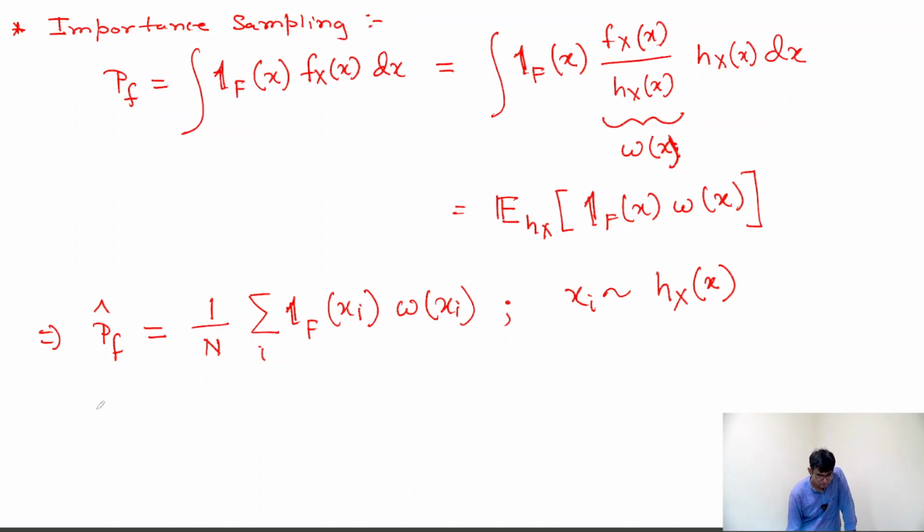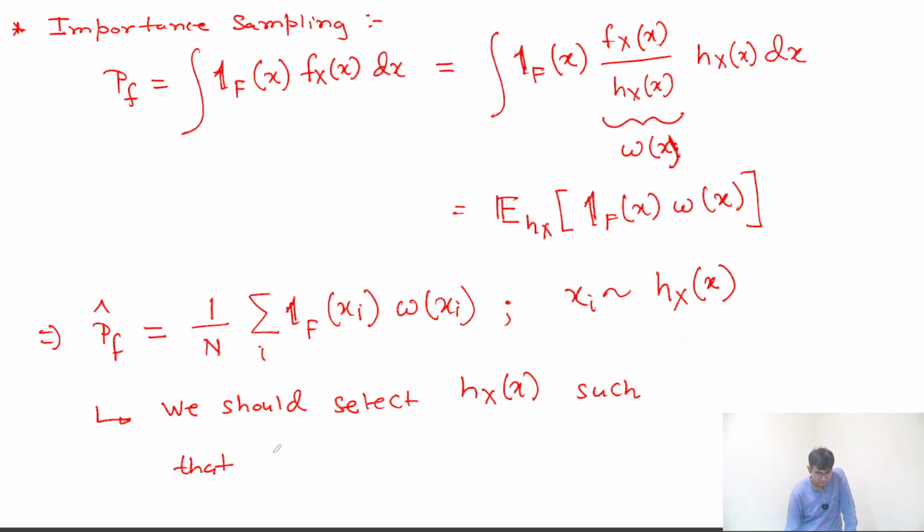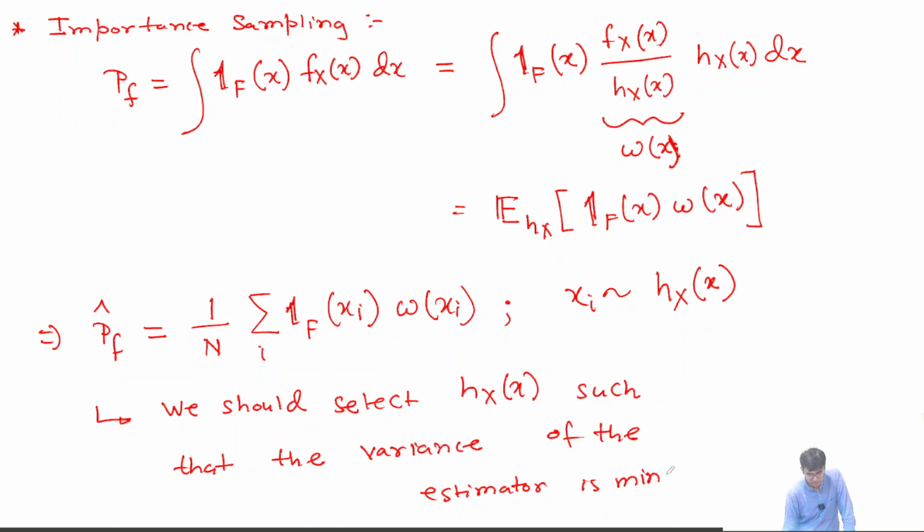So we should select hxx such that the variance of the estimator is minimized, right?